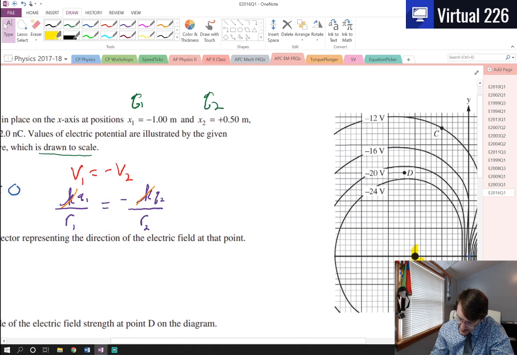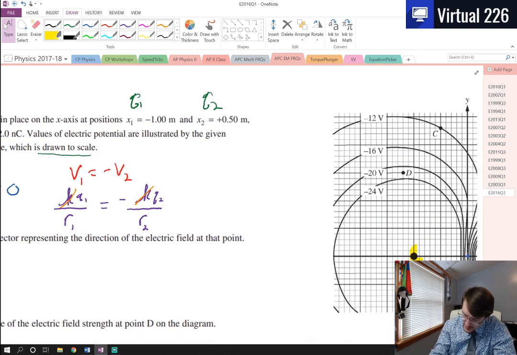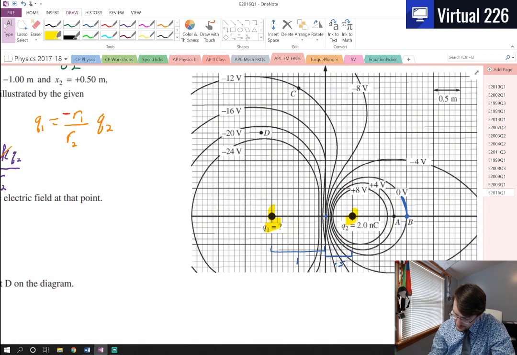And then we're going to know that Q1 is going to equal the ratio of r1 over r2 times Q2, and that it's going to be a negative of whatever that is there. So I know Q2 is 2 nanocoulombs.